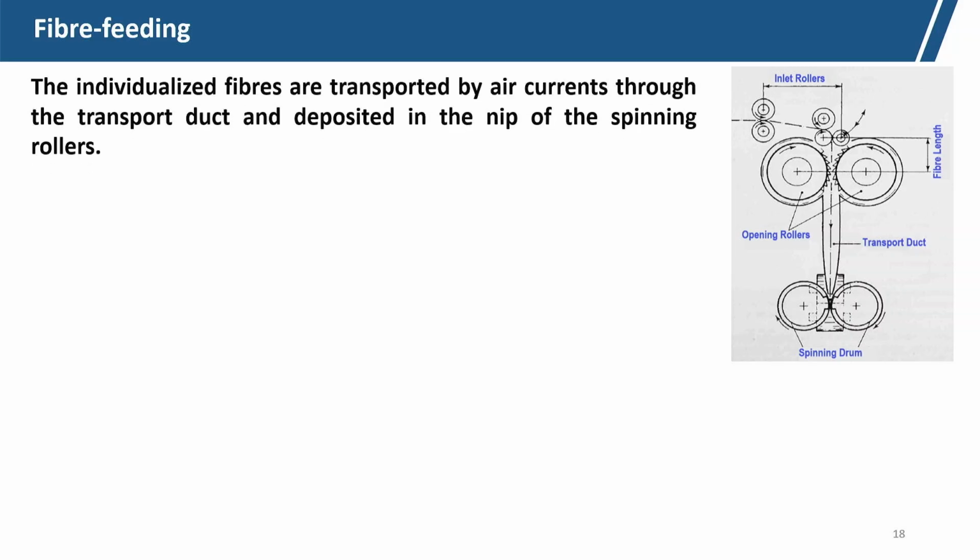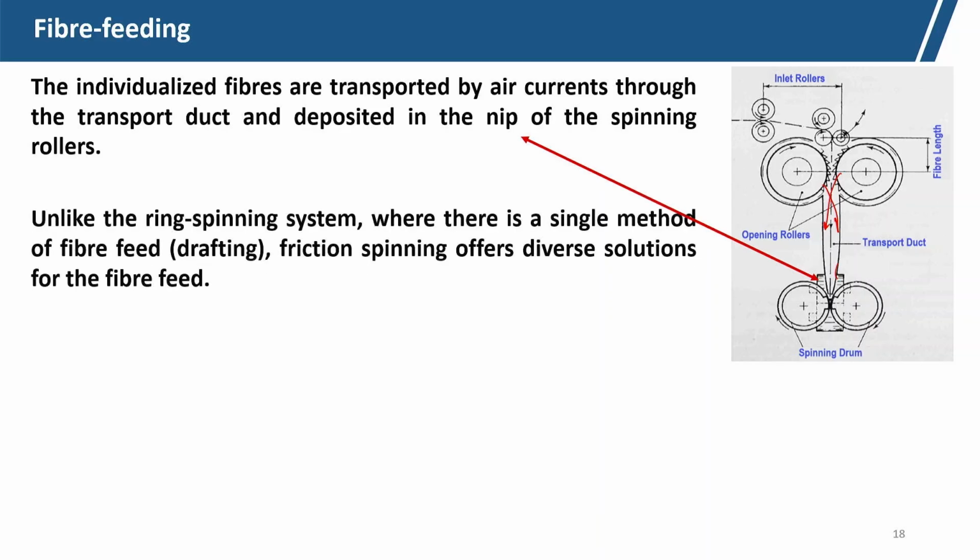The individualized fibers are transported by the air current through the transport duct and deposited on the spinning drum. So, unlike ring spinning, where there is a single method of fiber feed, that is drafting, friction spinning offers diverse solutions of fiber feeding.